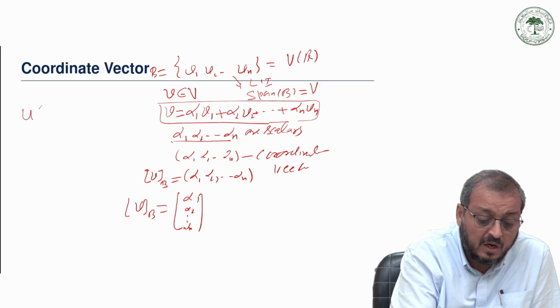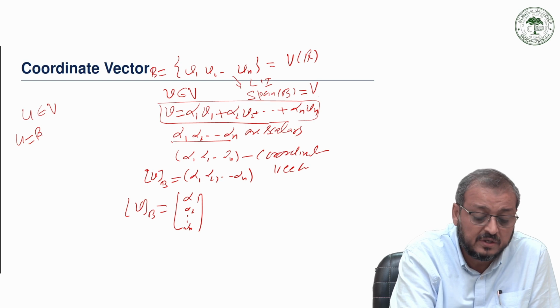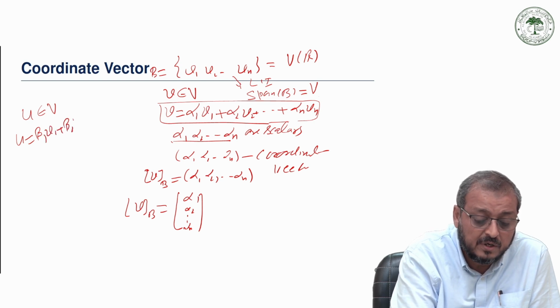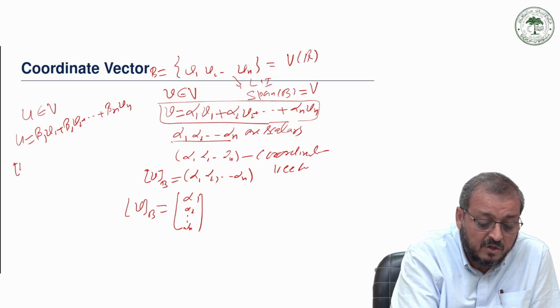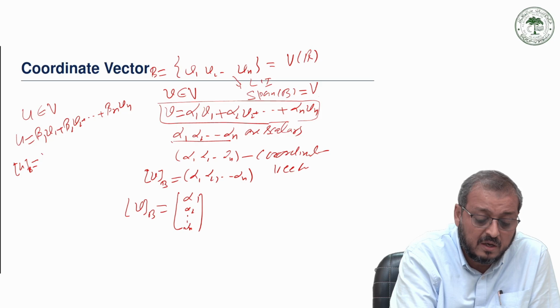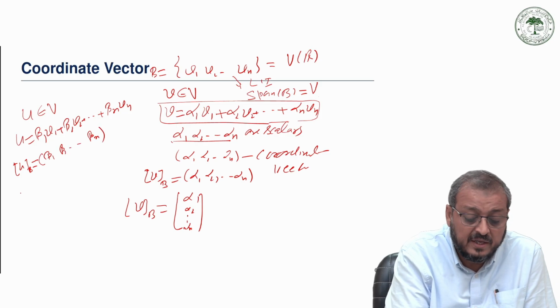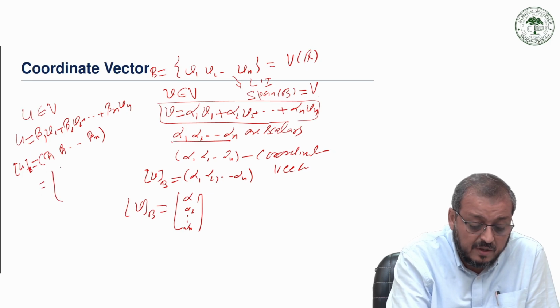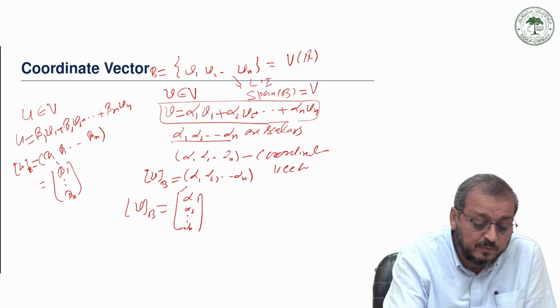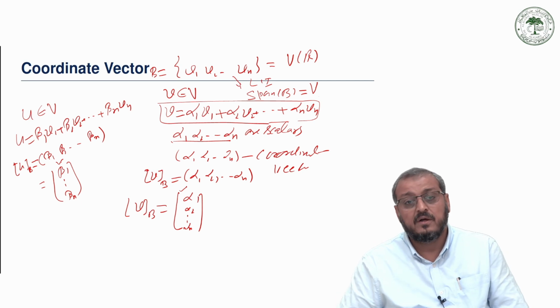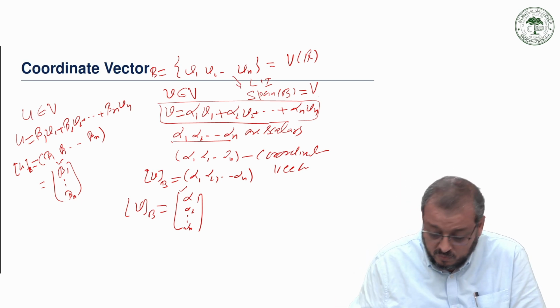If we take u also belonging to V, then this u can also be written uniquely as a linear combination of these vectors: beta 1 v1 plus beta 2 v2 and so on, plus beta n vn. The coordinate vector of u corresponding to the basis B is beta 1, beta 2 up to beta n, and the matrix is formed by putting the betas for the first element, the second element, and so on, into the columns.